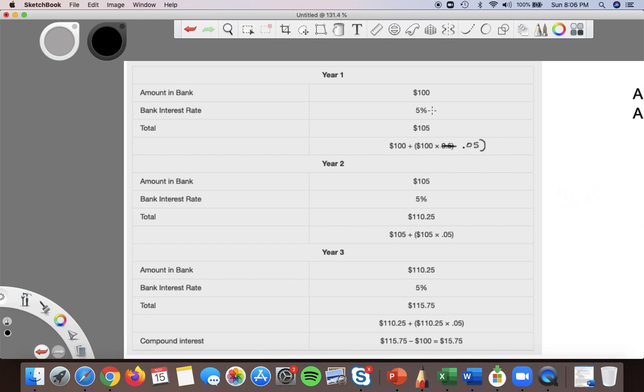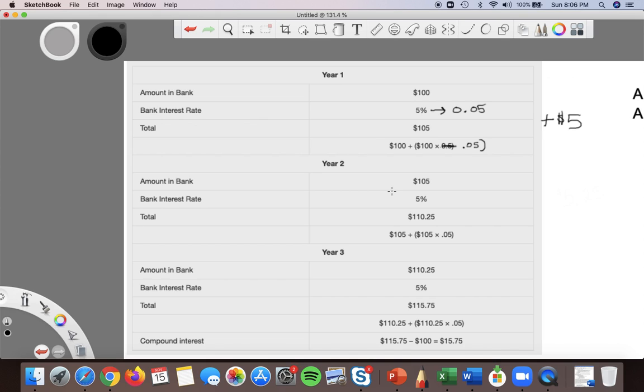Now remember, when you multiply using percentages, you have to convert them into decimal form. 5% in decimal form is 0.05. So 0.05 times 100, that's going to be $5. So that's why at the end of the first year, you have $105 in that account. You've earned $5 worth of interest.